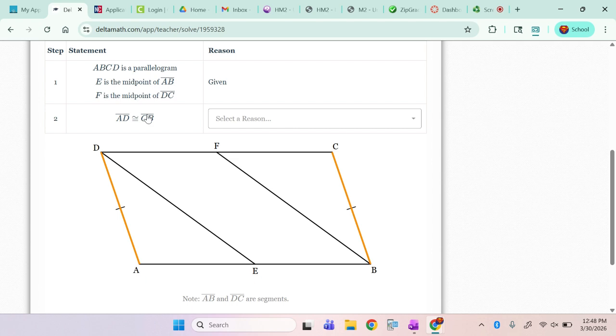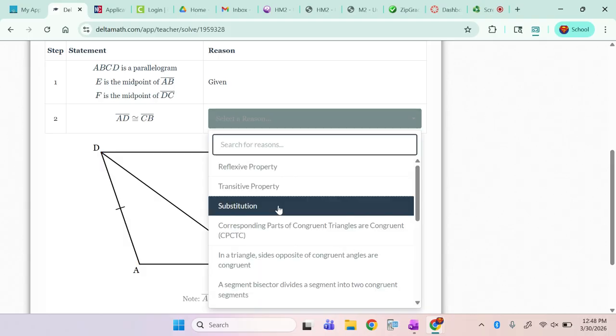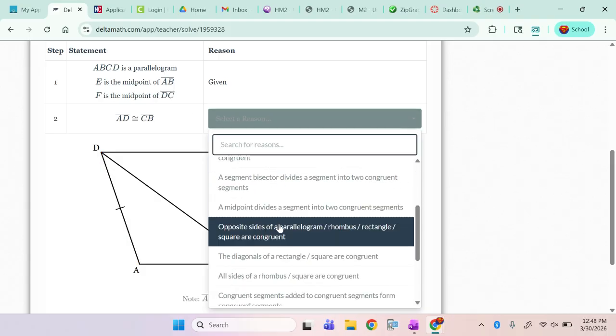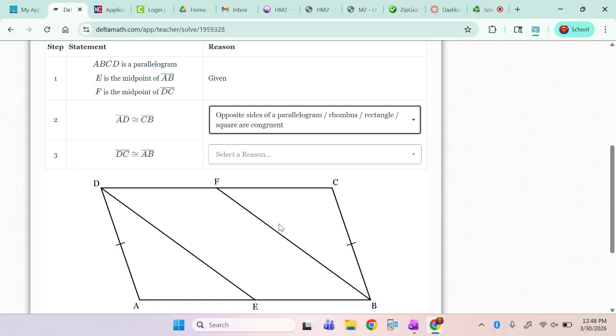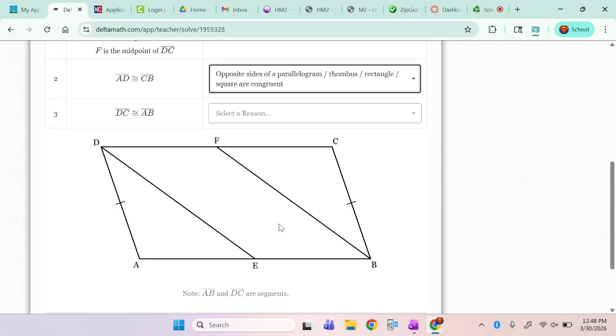ABCD is a parallelogram, and what are those two sides? What's true about a parallelogram and its sides? Opposite sides are congruent. So the opposite sides of a parallelogram are congruent. That's why those are congruent.